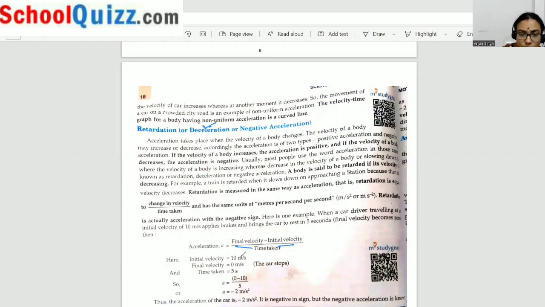So here the final velocity is 0, meaning the final velocity is less than the initial velocity. So 0 minus 10, that will be minus 2. It means acceleration can be negative also, and that is known as retardation or deceleration. Okay students, I think that is clear to you.